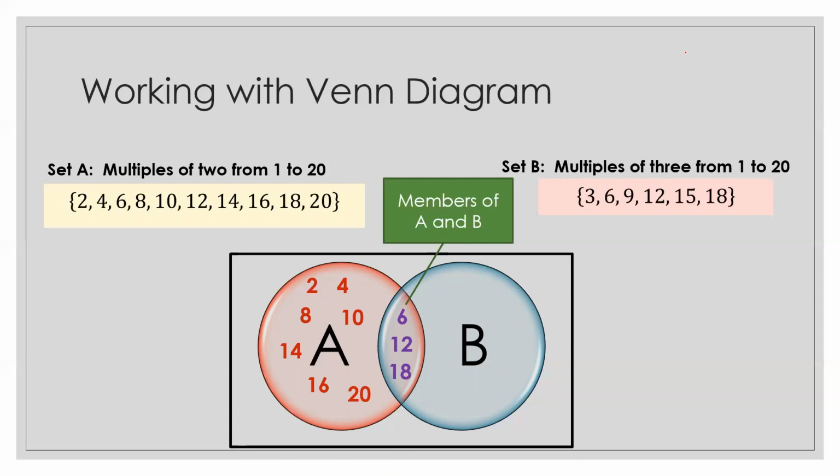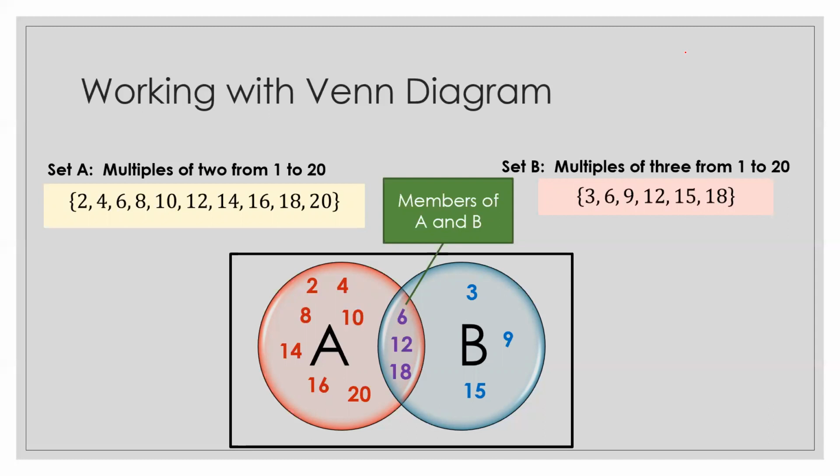Now I'm going to go over to set B and deal with those members. 3 belongs to B, but not A. 6, as we saw, belongs to both A and B, so that goes in the middle. 9 is in B, but not A. 12 belongs to both A and B, so that was in the middle.